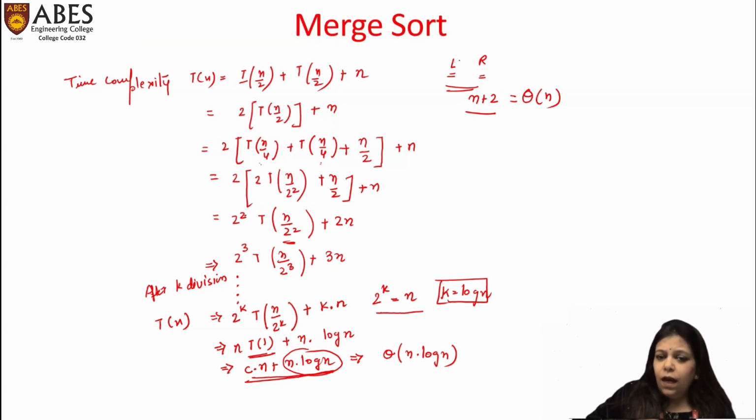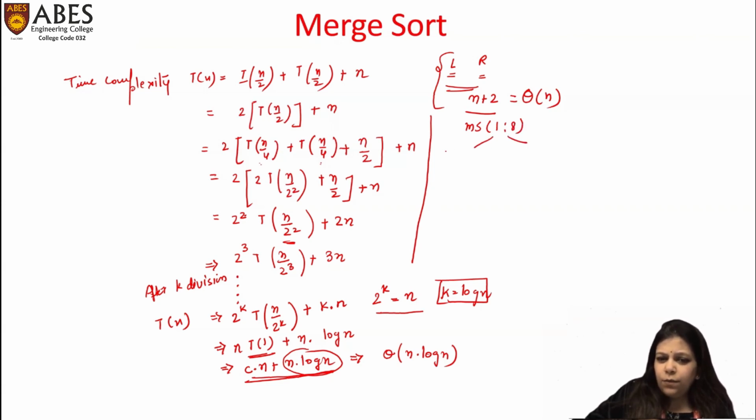But other than these two arrays, we have also used recursion, and we know that recursion uses an activation stack. So suppose we are calling the merge sort algorithm for 8 elements.